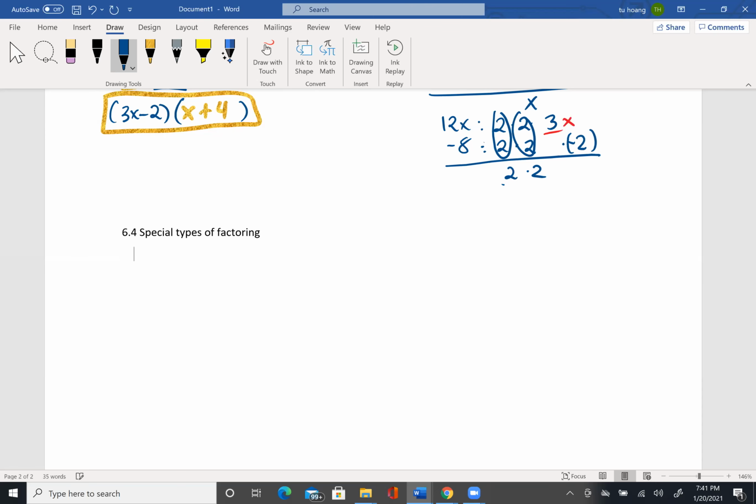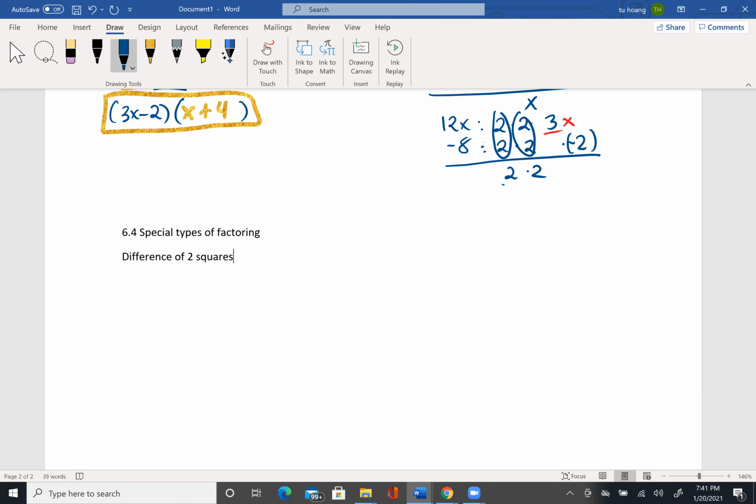Firstly, you learn about the difference of 2 squares.